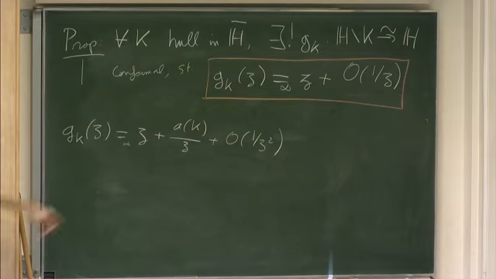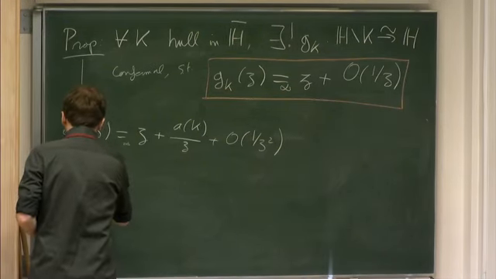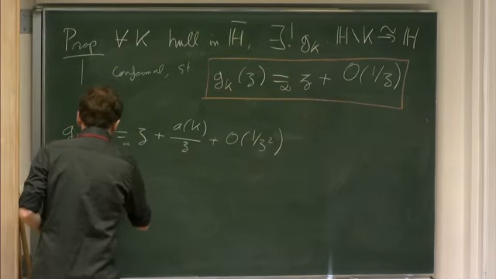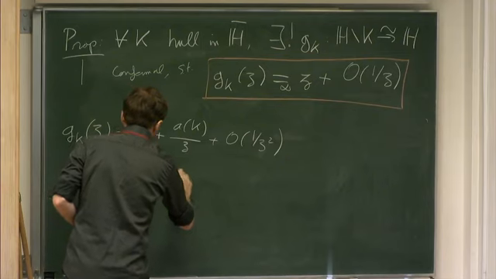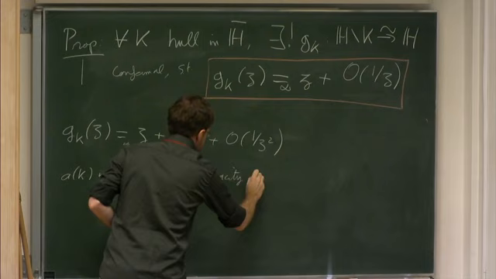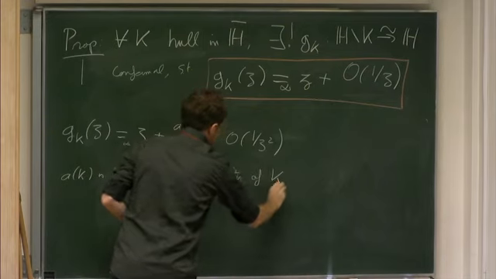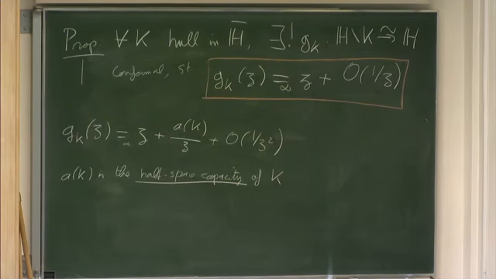Just to give a name to this coefficient, A of K is called the half space capacity of K. You should think of it as some measure of the size of the set K seen from the conformal point of view.